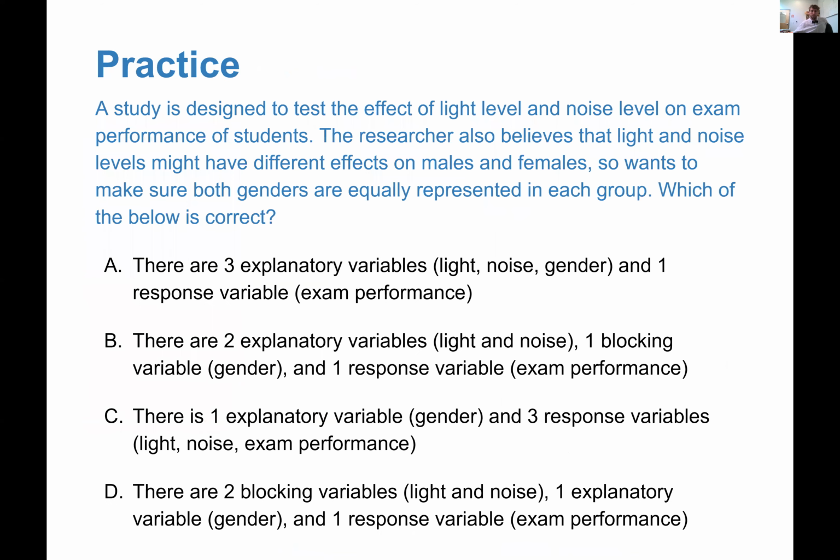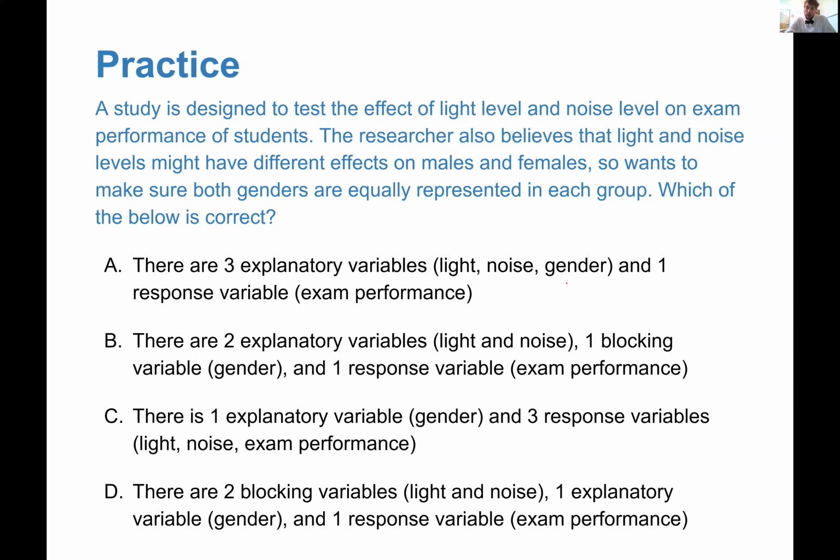Okay, practice question. The study is designed to test the effect of light level and noise on exam performance of students. The researcher also believes that light and noise levels might have different effects on males and females, so wants to make sure both genders are equally represented in each group. Which of the below is correct? A, there are 3 explanatory variables, light, noise, gender, and 1 response variable, exam performance.